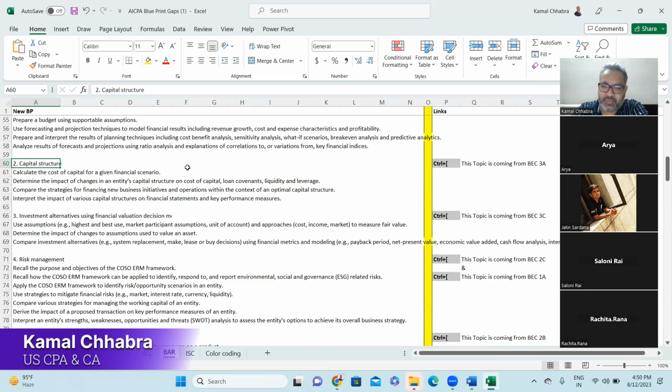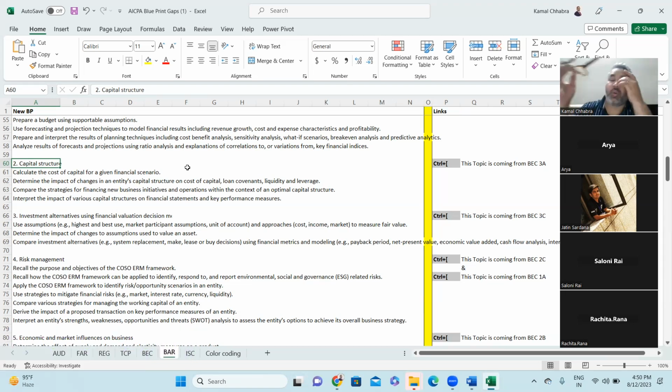But as a CPA working in an organization, you need to provide a solution to the management on how your overall cost of capital can be minimized. How much equity should you have, how much debt, how much preference share, so that your capital structure is balanced and you have minimum cost of capital? We'll understand that in detail.